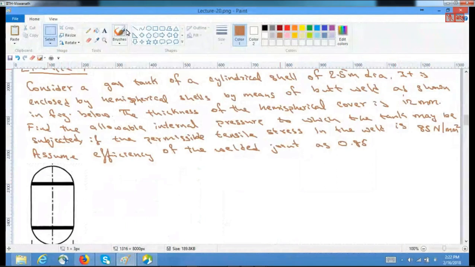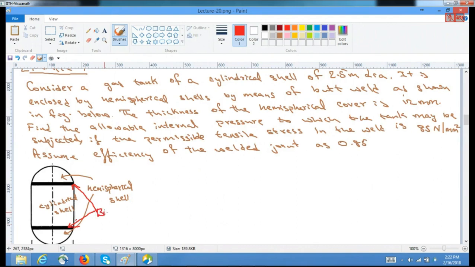So this is the cylindrical shell, these two are hemispherical shells.